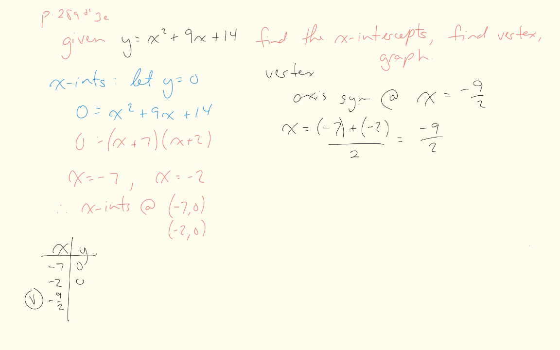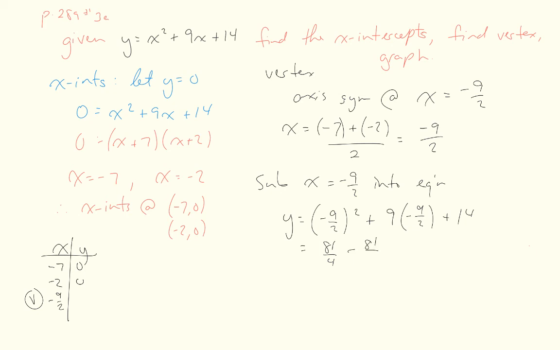To find the corresponding y value, I'm going to sub x equals -9/2 into the function equation. So y equals, inside the brackets, (9/2) squared plus 9 times -9/2 plus 14. And that's 81/4 minus 81/2 plus 14.